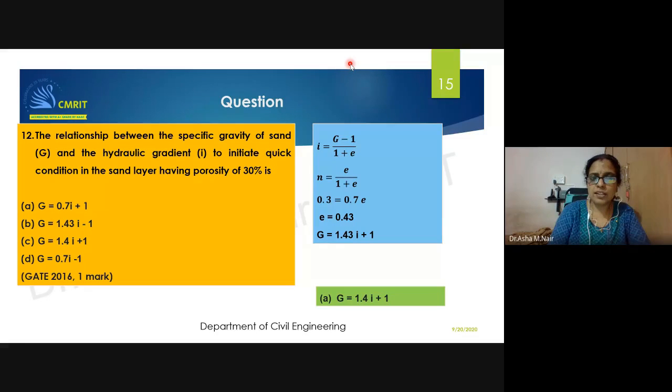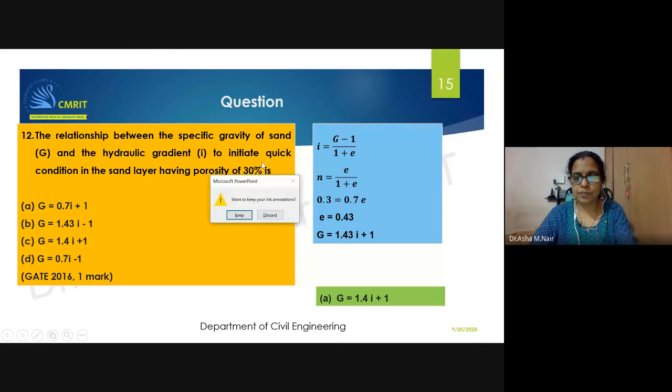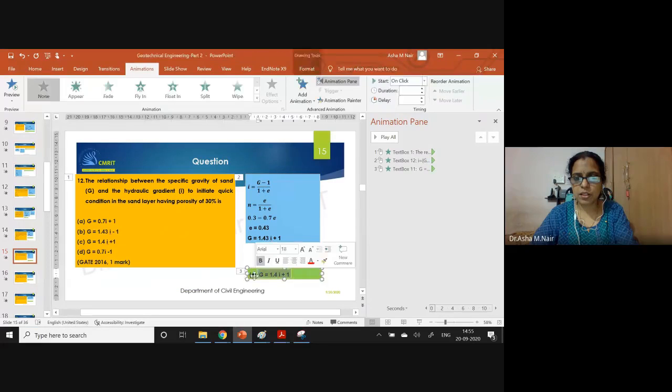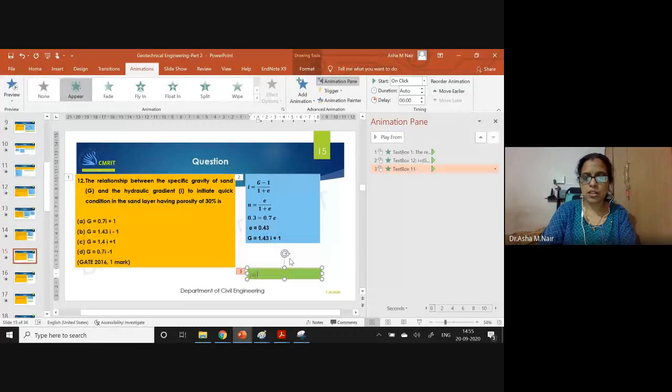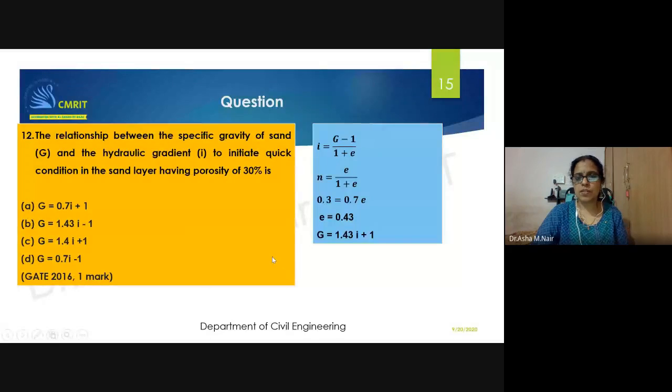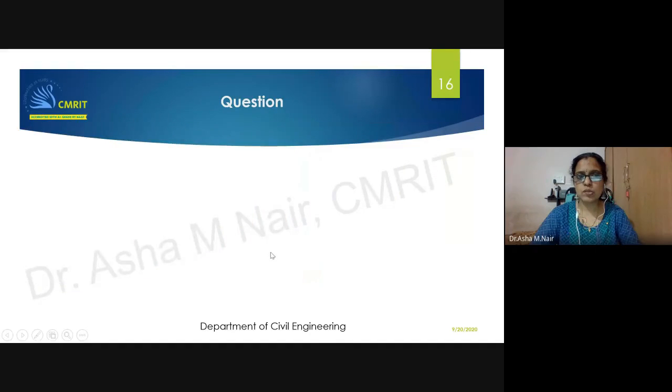So the option is not A, it's option C. Okay, so it is going to be 1.4 I plus 1, which is the option number C. Next question.